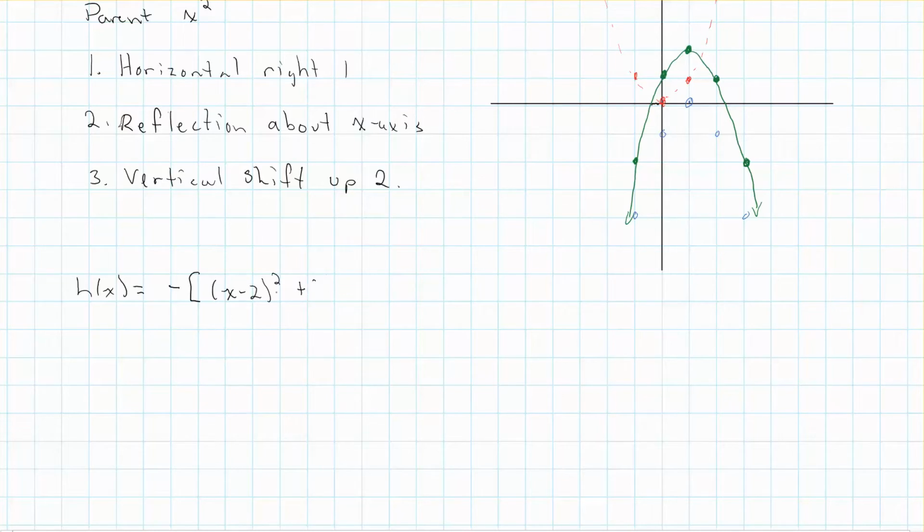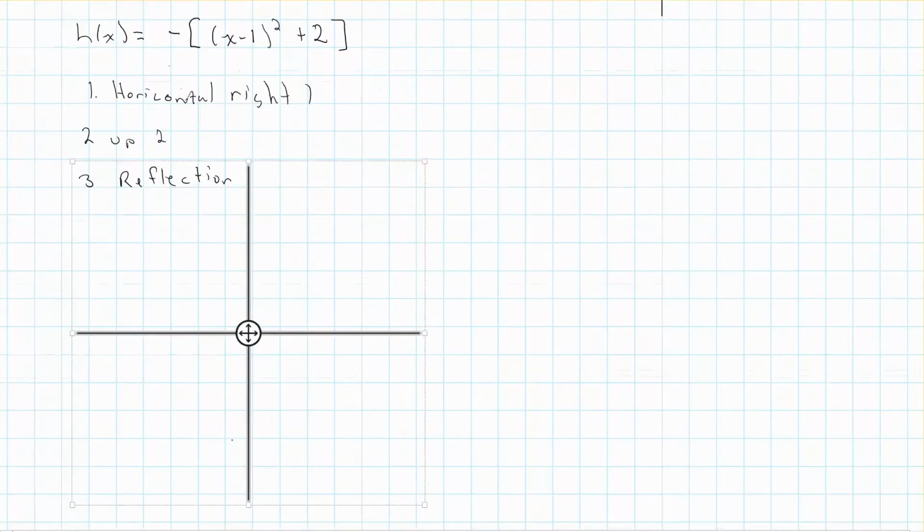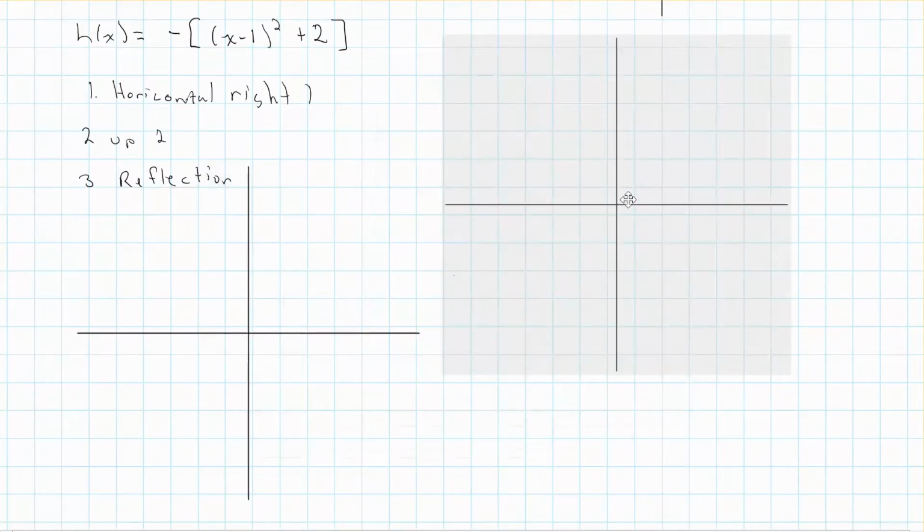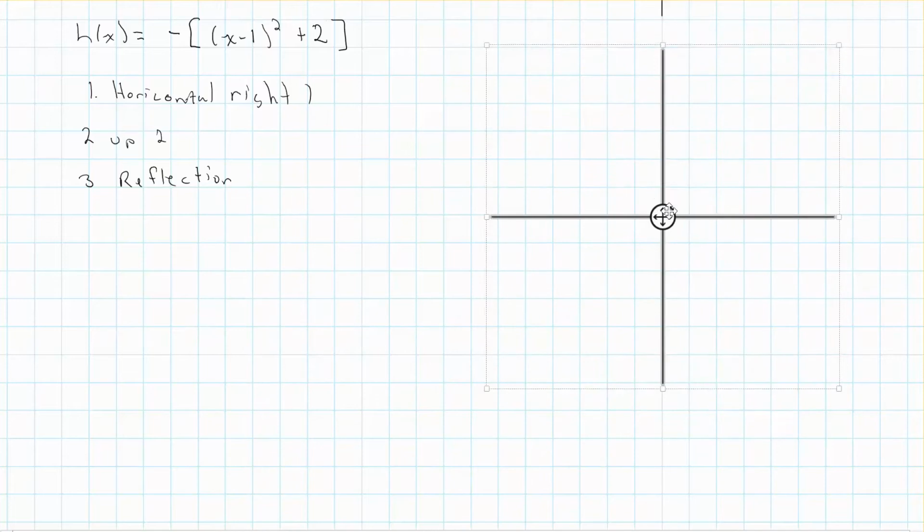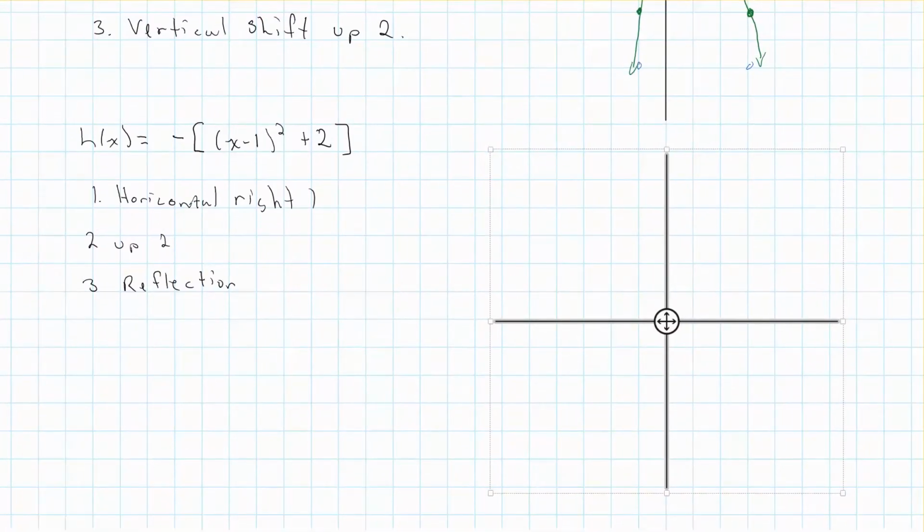Plus 1. Actually, I had it right. It was plus 2. It was minus 1 here. x minus 1 squared plus 2. And so this is identifying horizontal, right 1. Then the next thing was up 2, and then it's a reflection. So let's see what we get when we do that. So we start with the same parent function.